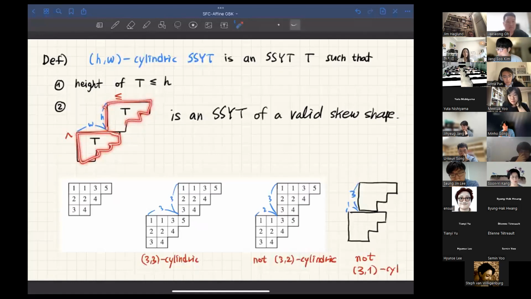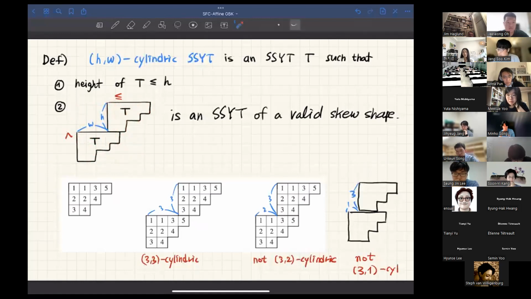Now, if this is a semi-standard Young tableau of a valid skew shape, then we say it is HW cylindric. Semi-standard means that integers are weakly increasing in each row and strictly increasing in each column.